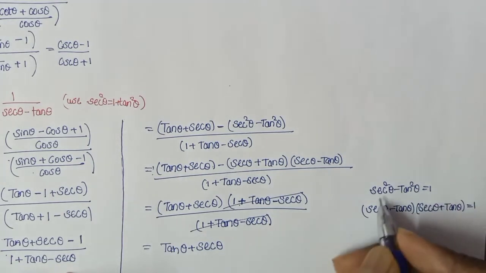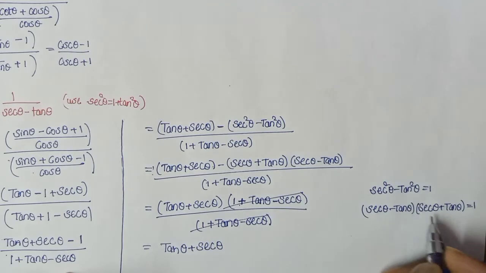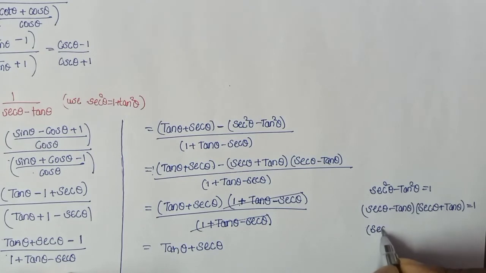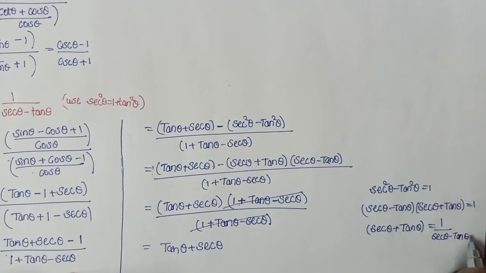This means a square minus b square is (a − b)(a + b). Here if I send this term to that side, sec theta + tan theta is equal to 1 by (sec theta − tan theta).